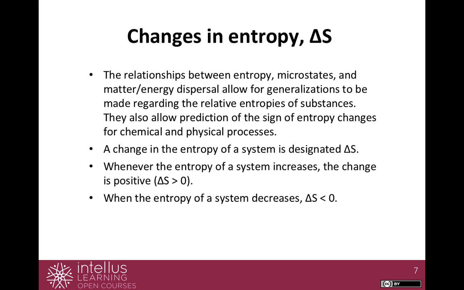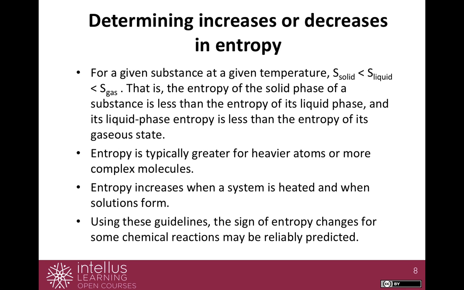And when delta S is greater than 0, it's positive, which means as entropy increases, the disorder of a system increases. So the disorder for one substance as it goes from a solid to a liquid to a gas is increasing. Gases are always more disordered than their liquids, and liquids are always higher in entropy than their solids.